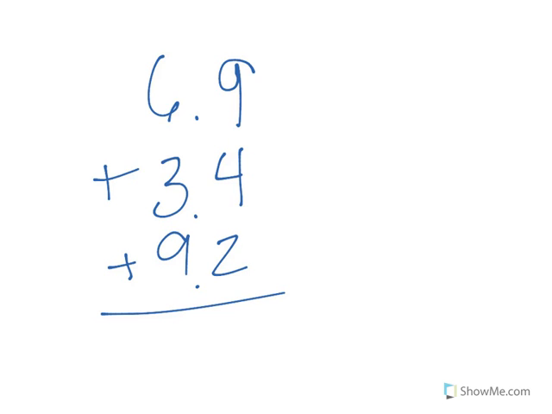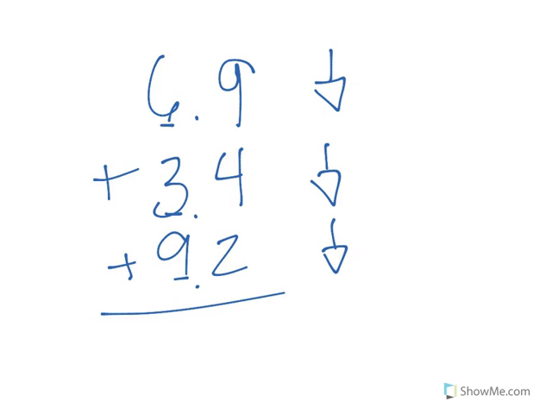It's going to say find a range, and we're going to use what you call front end estimation. All we're going to do is look at the front part of the problem and estimate a range. To estimate the lowest it could possibly be, we're going to round all of these down.